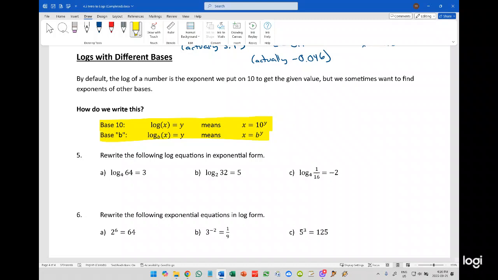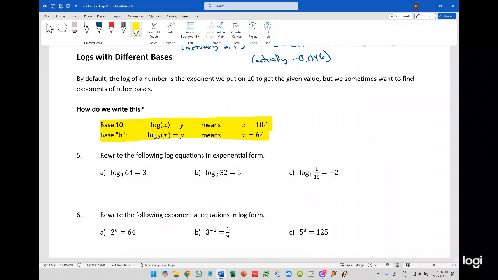You'll notice that I call it log base b of x, and in exponential form, I say x equals b to the exponent y, where b is the base. The fact that I'm calling b the base in both cases is really a hint that that number is the same in both of those equations. When it's in log, the b is the base. When it's an exponential, b is the base of the exponential.